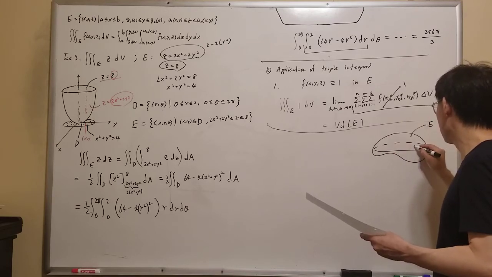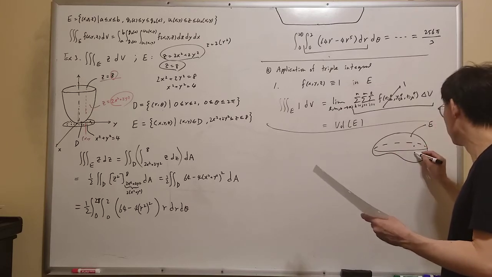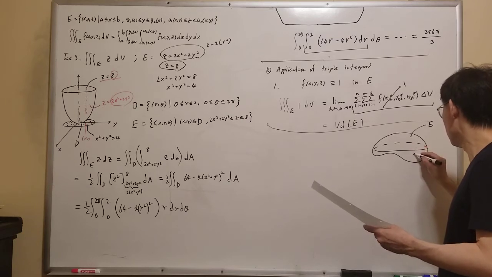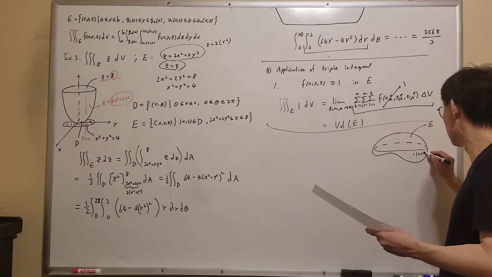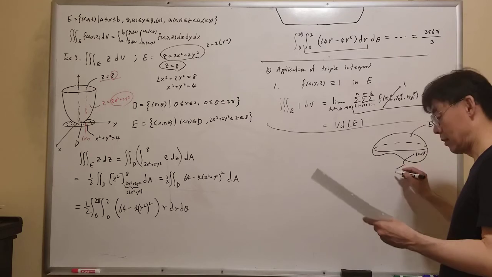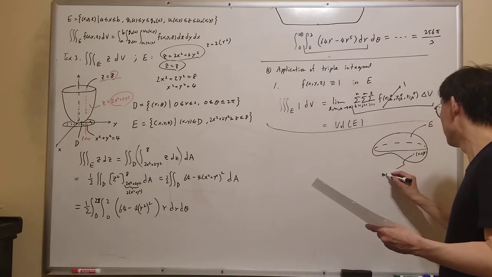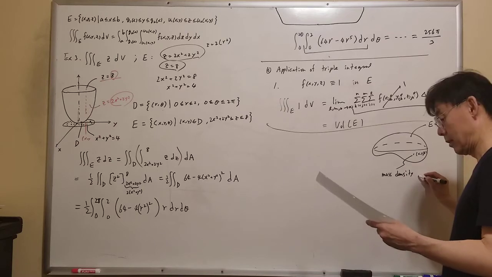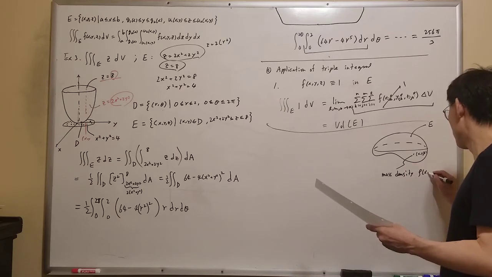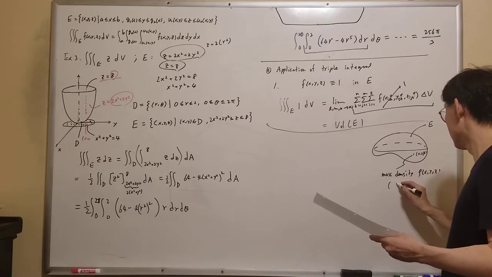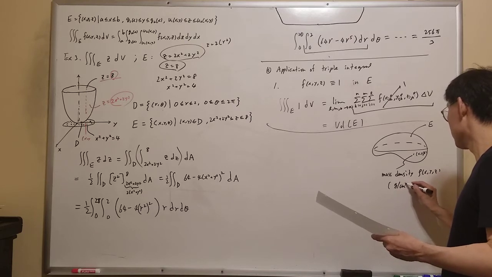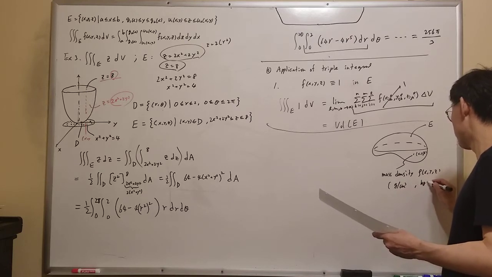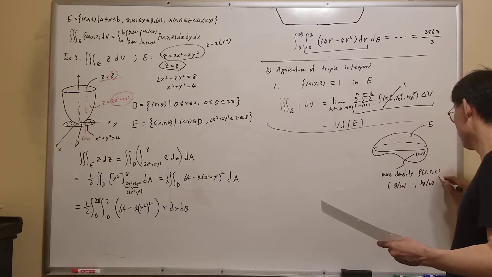For any given x, y, z, there is a mass density, rho of x, y, z, like gram per cubic centimeter or kilogram per cubic meter, and so forth.